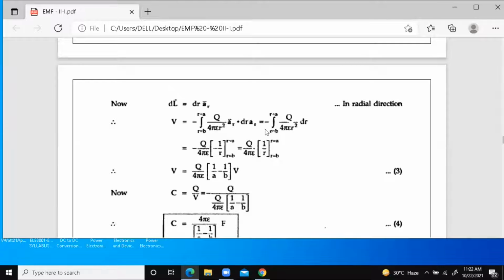So all this collapses to just dr. And when you finish this integral here, you get this.